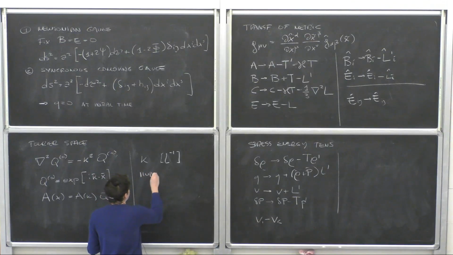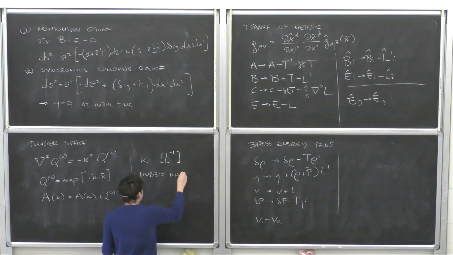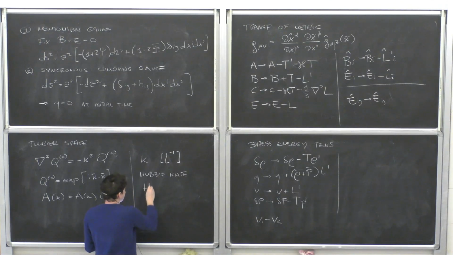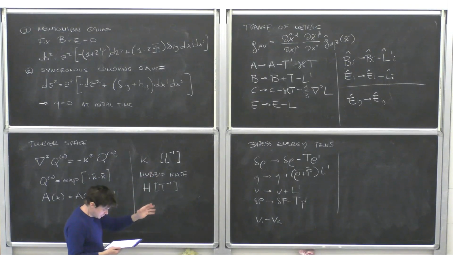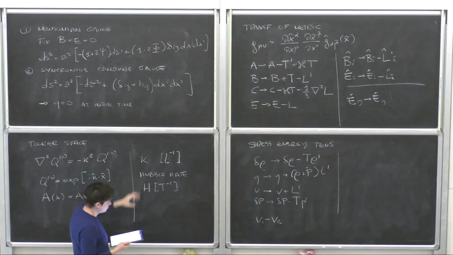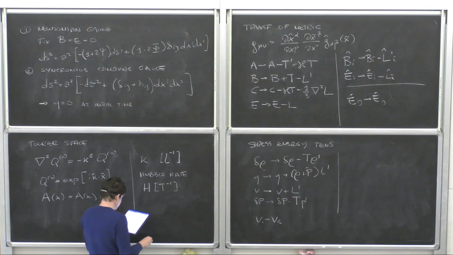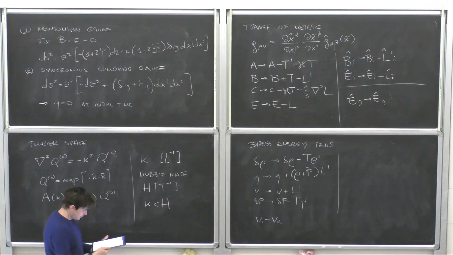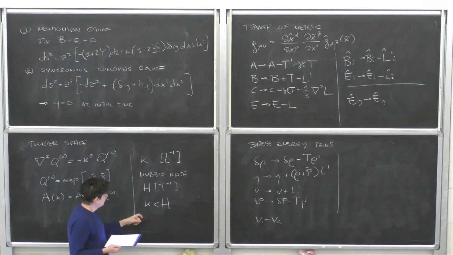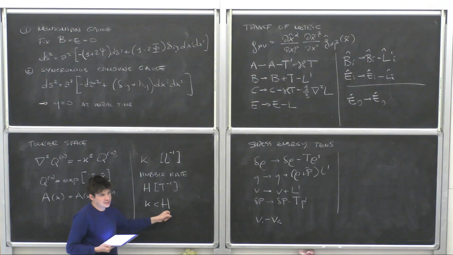As we have seen, the Hubble rate H scales like time to the -1, in units of c equal 1, so these have the same units and we can compare the two. Say some given wave number is smaller than H. This means that this wave number corresponds to scales that are larger than the Hubble scale.